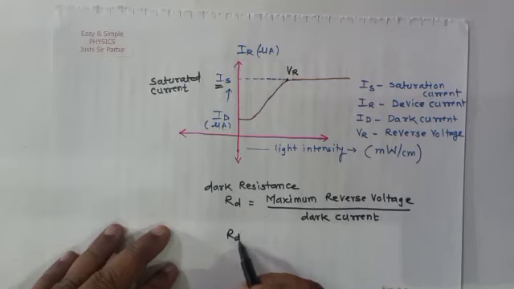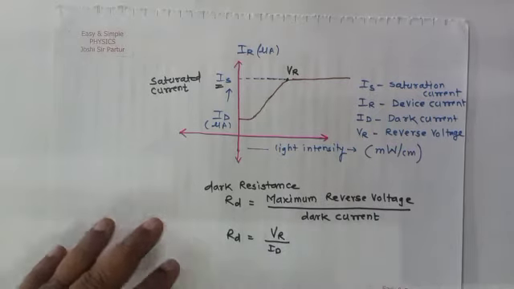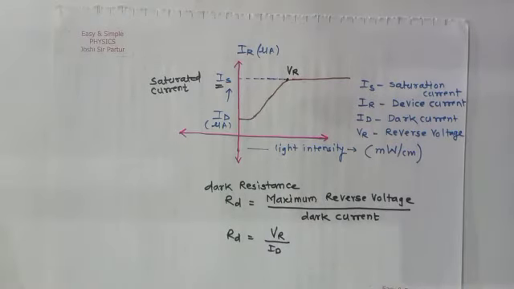Means RD is equal to VR upon ID. So that will be the resistance for dark current.